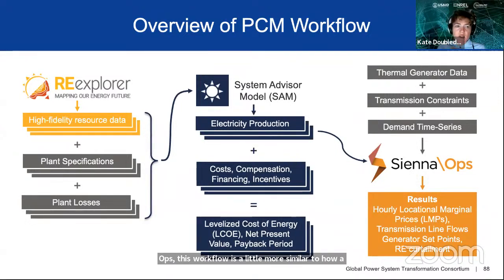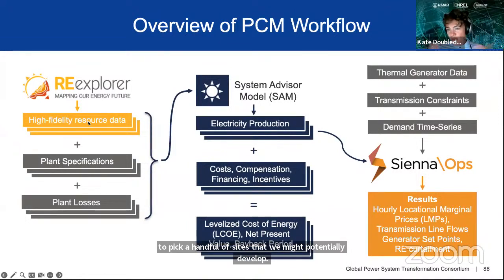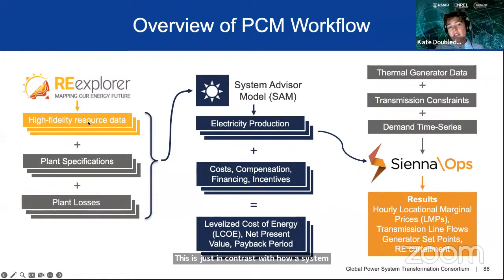And that's just because we're going to be doing our early site prospecting in the RE Data Explorer to pick a handful of sites that we might potentially develop. This is just in contrast with how a system operator might use a production cost model as the second stage after doing a capacity expansion model to plan for their needs in the future years or decades.